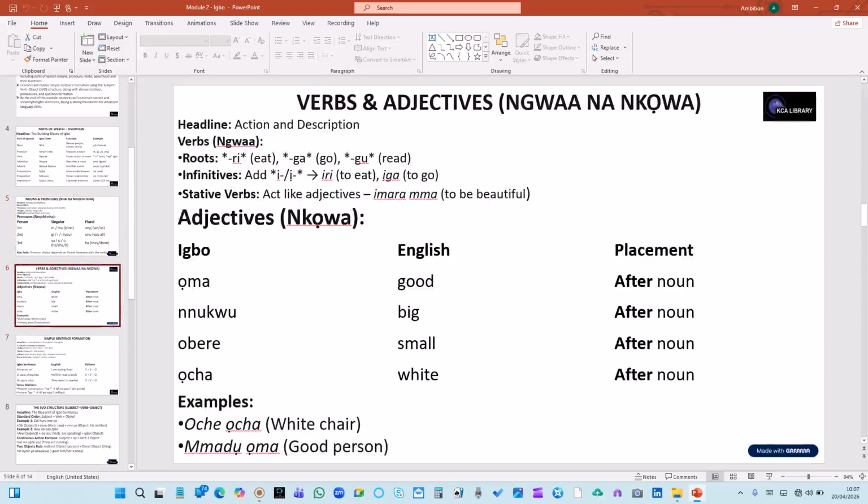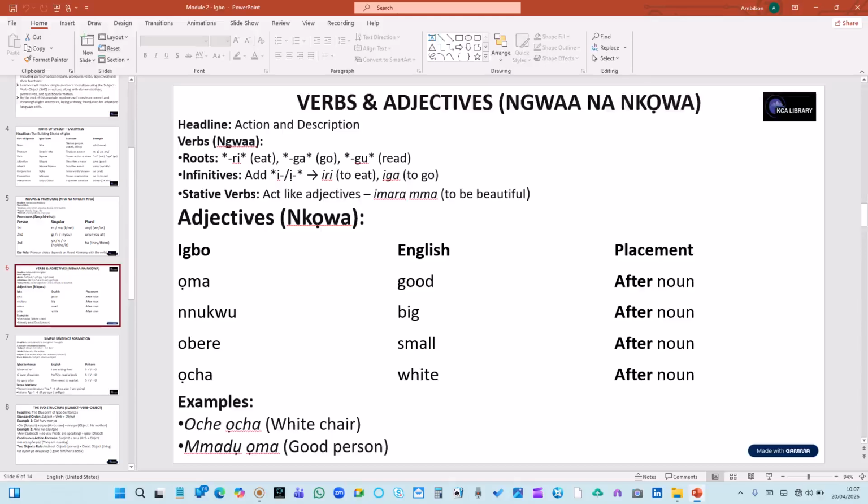Now let us look at verbs and adjectives. Ngwa na nkọwa. The headline here is that the verb is the action word, while adjective is the description. Now, Igbo people know verb as ngwa. Some of the examples of verb in Igbo language are ri, which means eat, ga, which means go, and gụ, which means read.